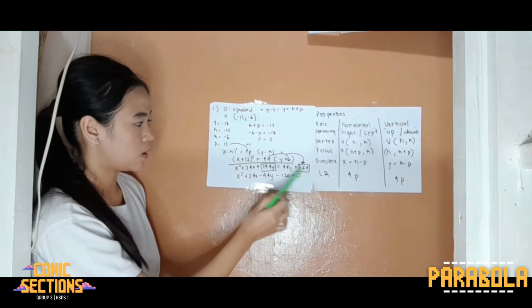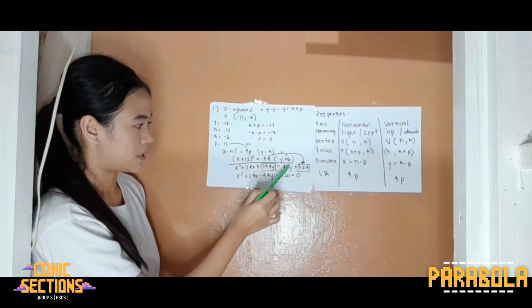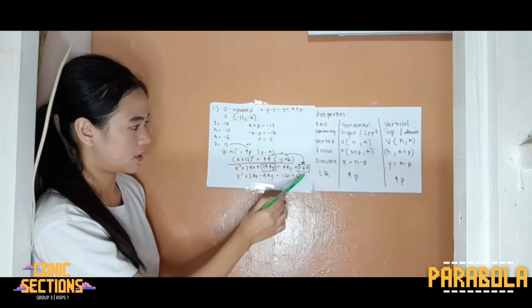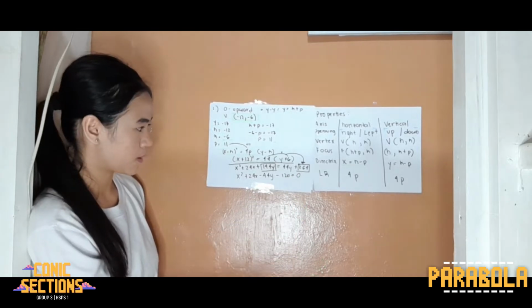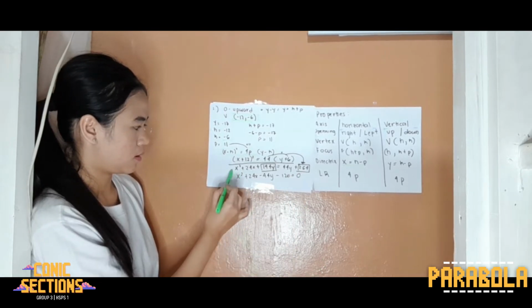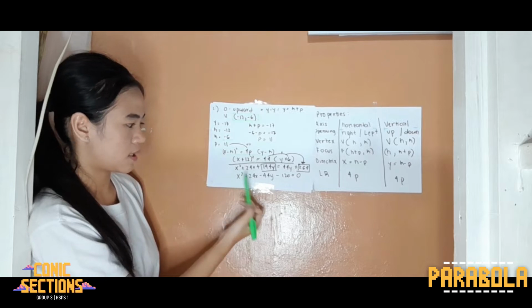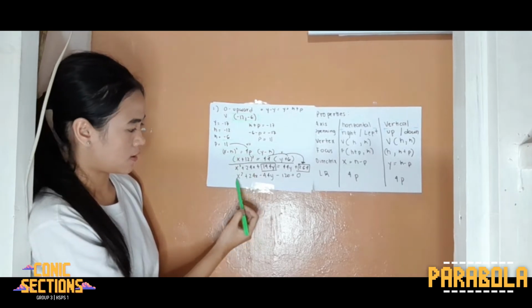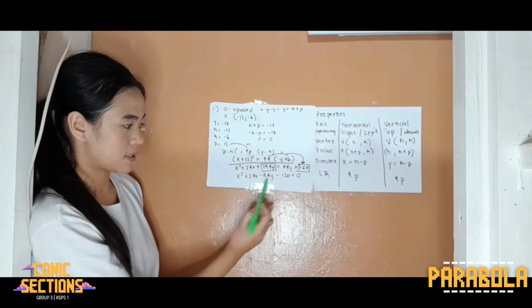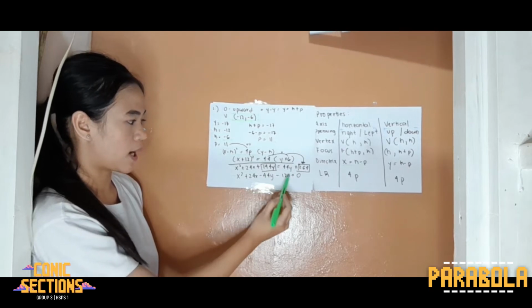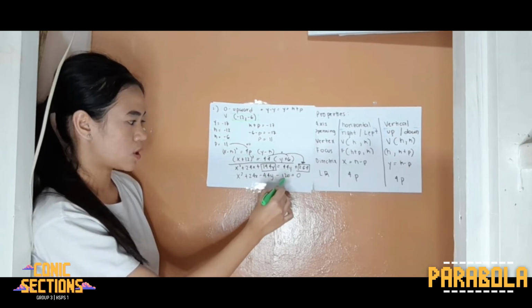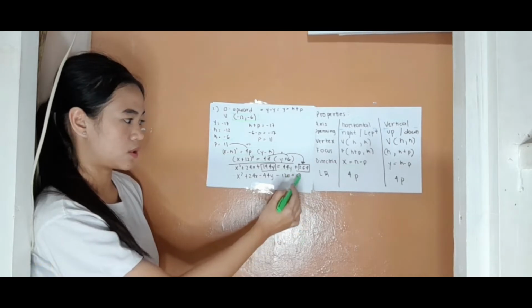To get this, we need to multiply 44 by 6, which is equal to 264. Copy the terms and group by the same letters. x squared plus 24x minus 44y minus 120 is equal to 0.